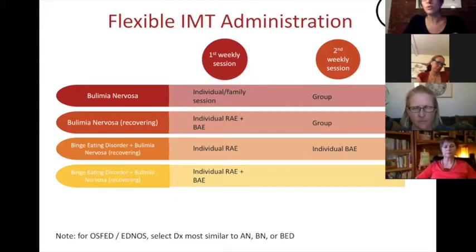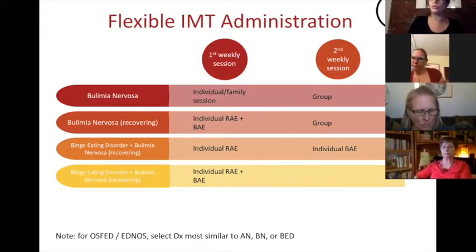For bulimia nervosa, you might want to do family treatment the way you would with AN, or you might want to have hybrid individual/family sessions where the family is walked through how to be supportive to the patient, but not necessarily adhere to super strict treatment rules.